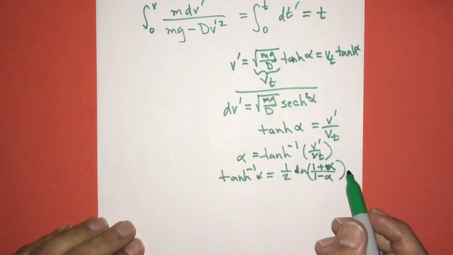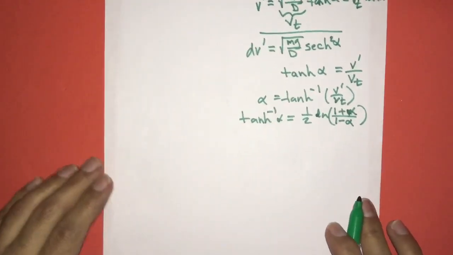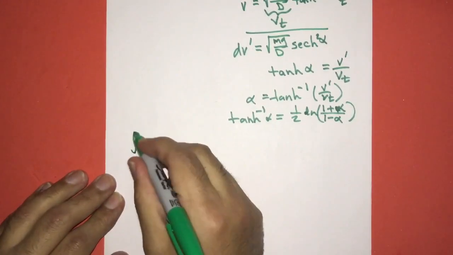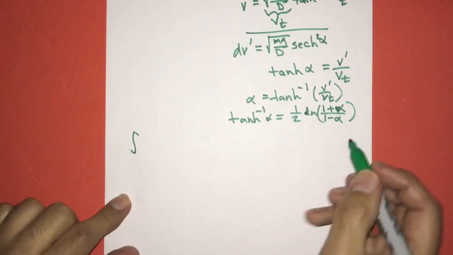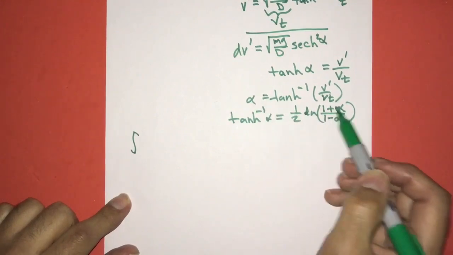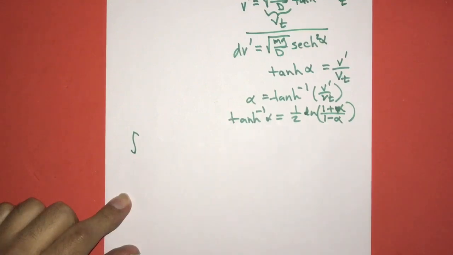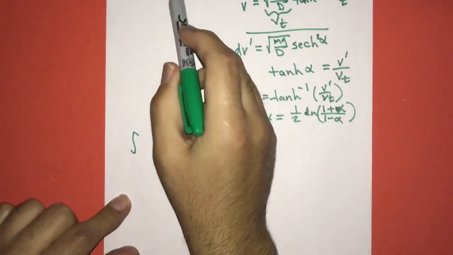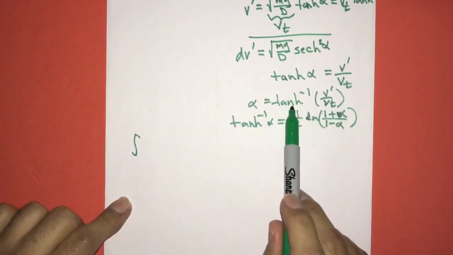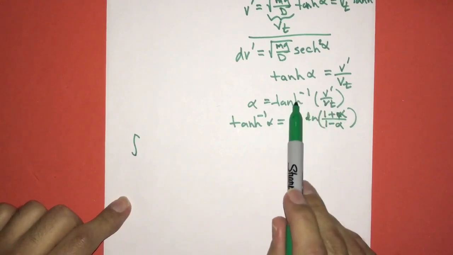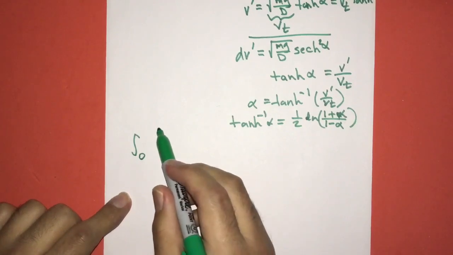So with our new limits of integration, on the right-hand integral that involves the v prime, our lower limit of integration is going to turn out to be 0, because when we substitute 0 in right here, we get the inverse hyperbolic tangent of 0, which is 0.